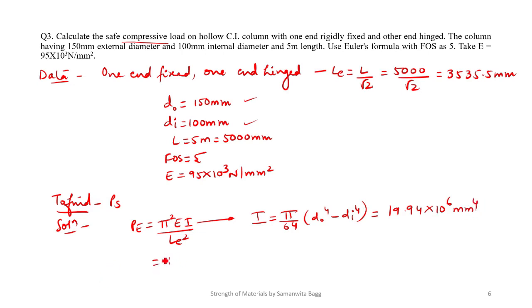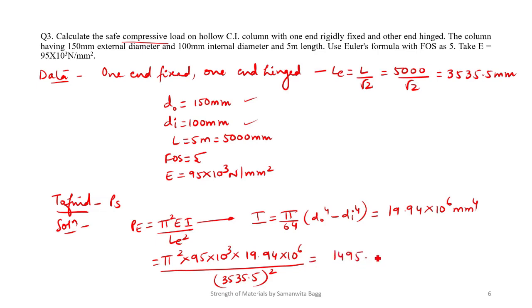So here I'll have pi square, E is 95 into 10 raised to 3, I is 19.94 into 10 raised to 6 upon LE, which is 3535.5 the whole square. On solving this, I get PE as 1495.84 into 10 raised to 3 Newton.